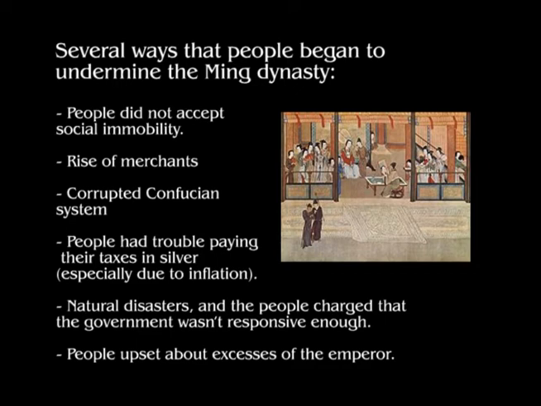We also have the corruption of the Confucian system. The Confucian system was supposed to pick the smartest and the brightest and the people who cared most about the masses for government service. But what ends up happening is you've got a class of literati that emerges. Essentially, those scholar gentry who had passed the Confucian exam system are now wealthier, and they're able to pay for more of their sons to go through the Confucian education system and pass exams and then go into government service.